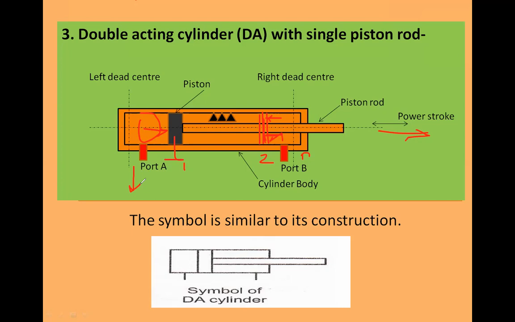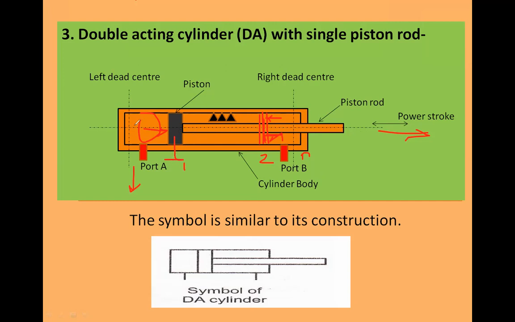So this is called a double acting cylinder. Through port A, fluid will come, it will exert force on the piston, then the piston will move. Then after obtaining the useful work, through port B another fluid will come and start the retraction. That means the retraction stroke, the piston will come to its original position.